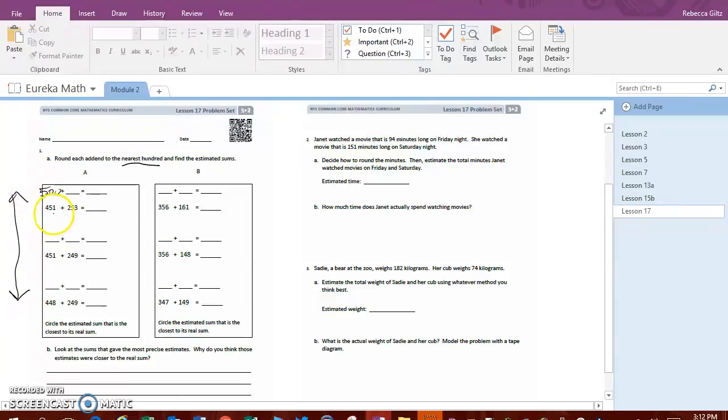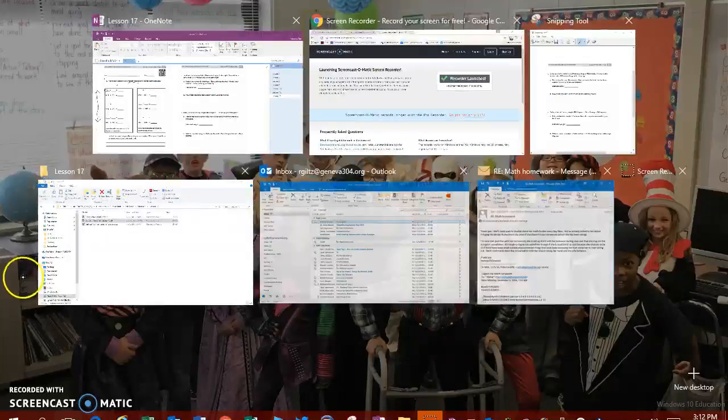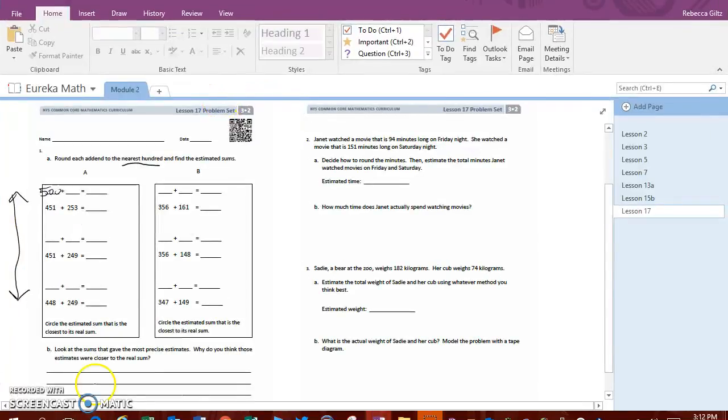So 451, the lower end point is going to be 400. 450 is in between, and 500 is at the top. So 451 would be right above there. So that rounds up to 500.